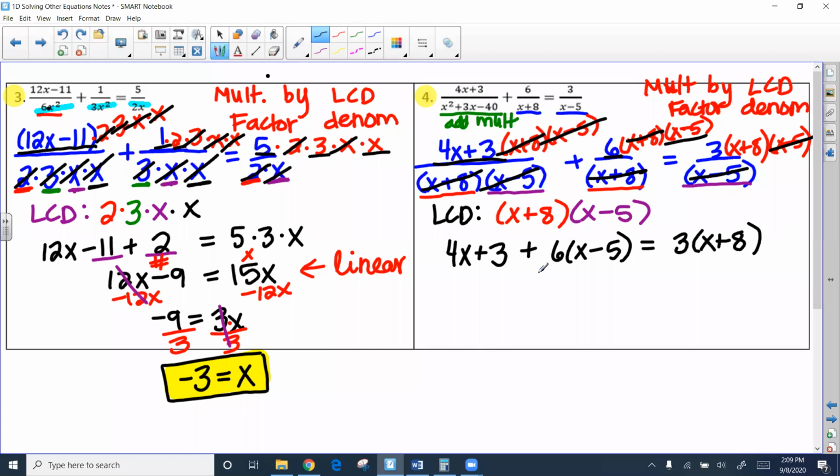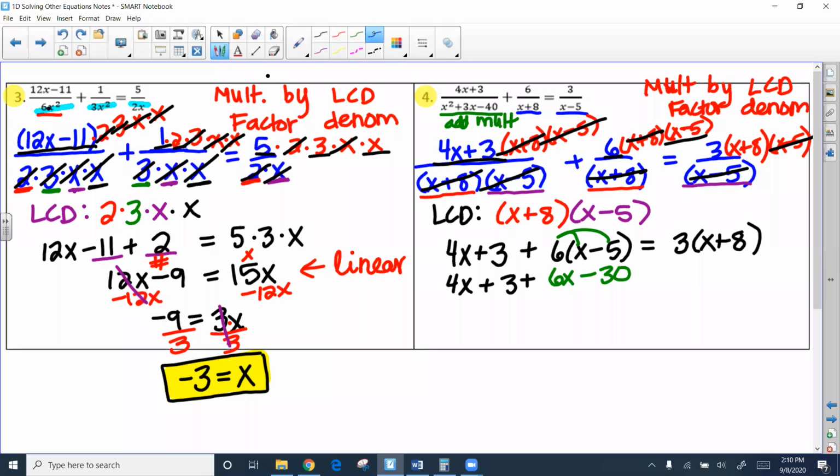Now I am going to simplify each side. On the left side, to simplify this side first, I'm going to get rid of the parentheses, so I'm going to distribute the 6. That's going to be 6x minus 30. I'm adding it, so I can combine it now with the 4x plus 3.